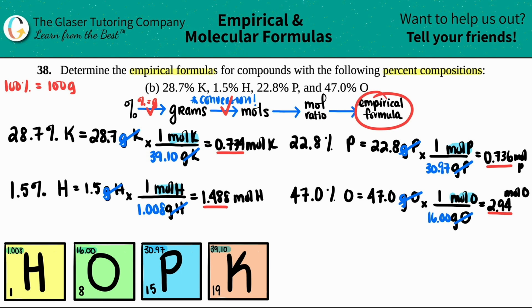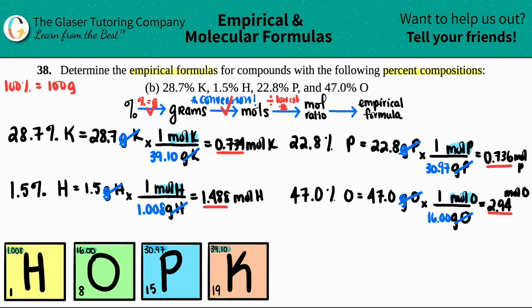Well, the empirical formula is the most simplified formula with the smallest subscripts. So go with this small idea. All you have to do to go from a mole to a mole ratio is divide by the lowest number. So I have to look at all 4 of my numbers and see which one is the smallest.